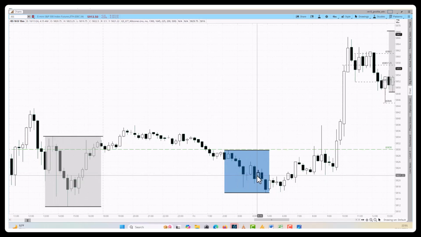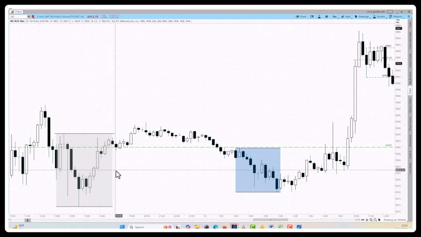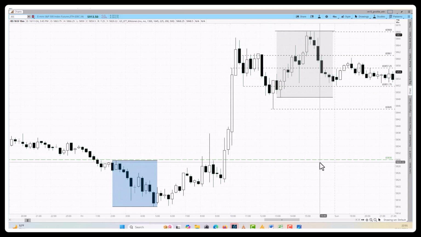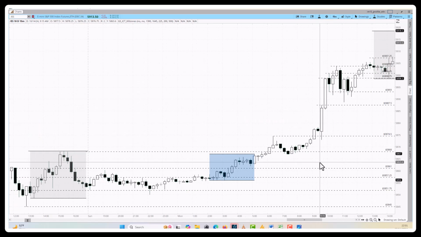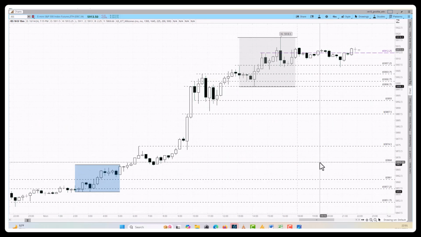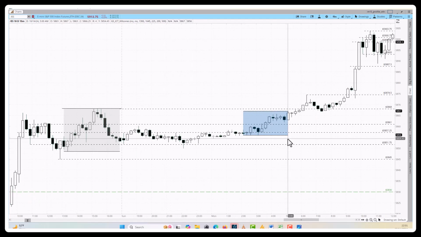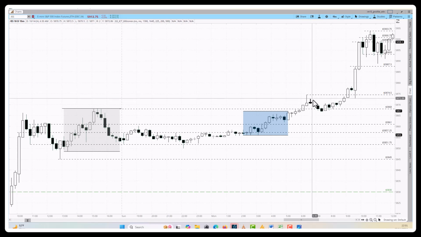See that? The London is still in the range of the New York PM session, and then it makes an expansion, retracement, and then boom, expansion. But today, I think it's pretty much the same. The London is still in the range, and then it broke out of that range, and then it retraced.